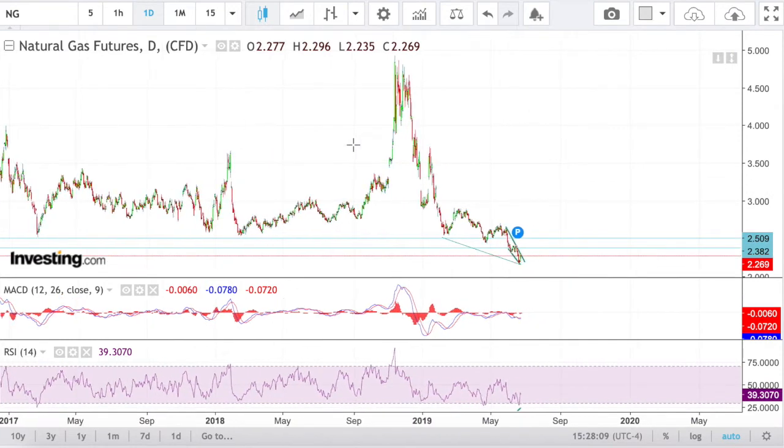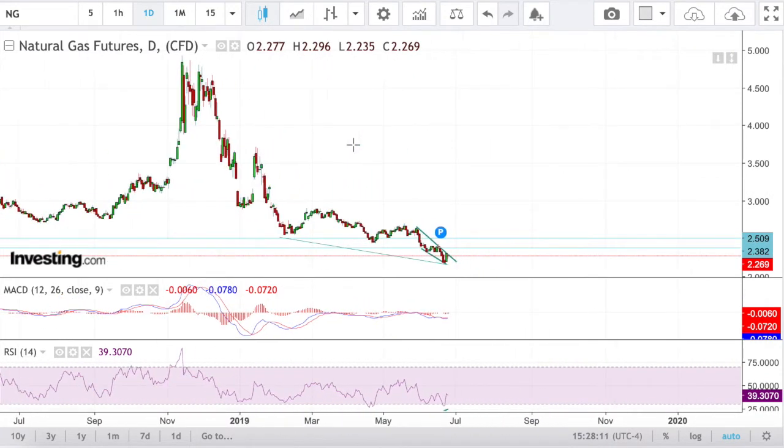Alright, so this is the daily chart of natural gas, and as you can see, ever since 2018 we have been trending down, making a series of lower lows and lower highs. That's the definition of a downtrend.